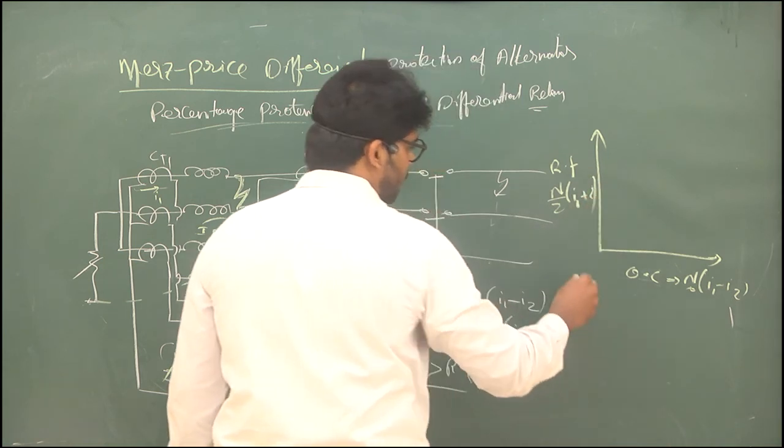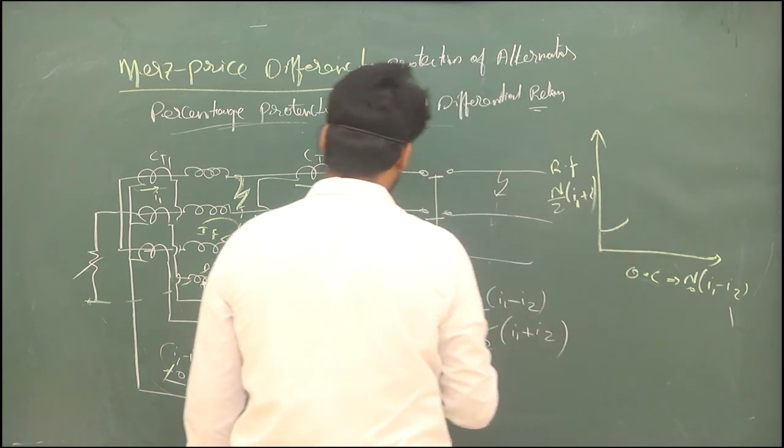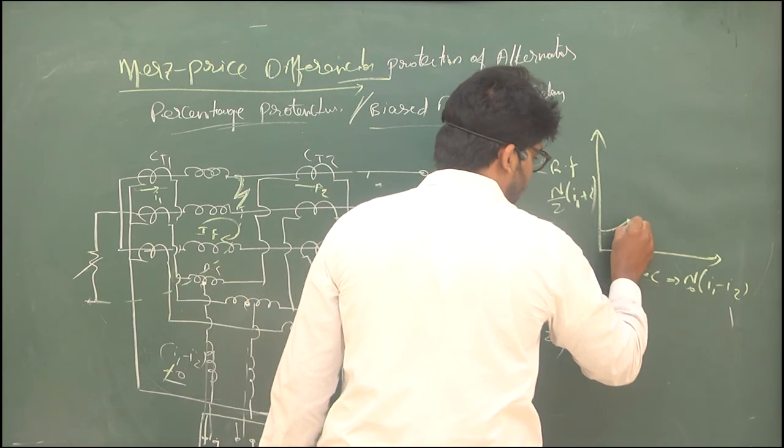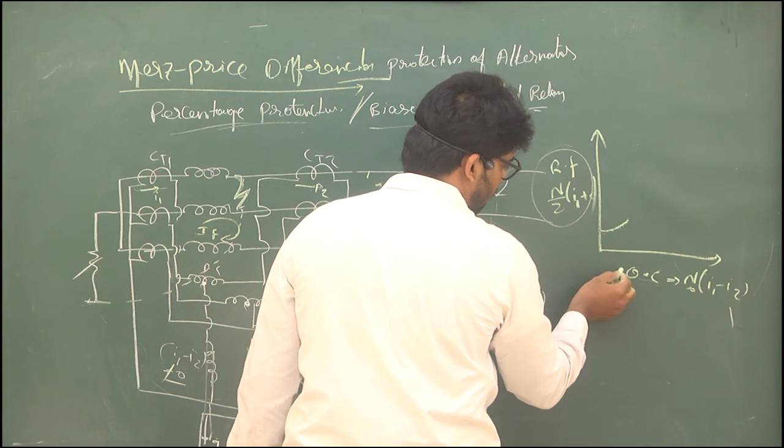If you draw the characteristics, this is the characteristic due to the spring, which is connected in the induction type. Due to that spring there is a force exerted here. So always you have to see that the restriking force should be greater than the operating coil force.